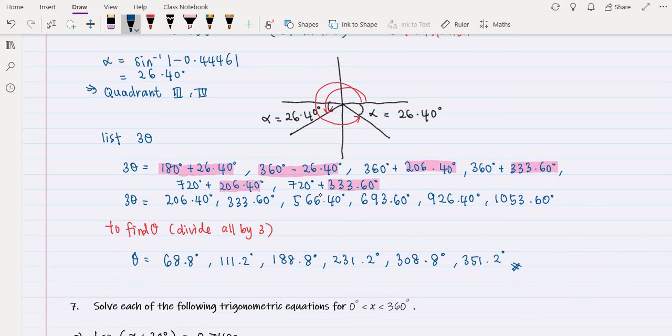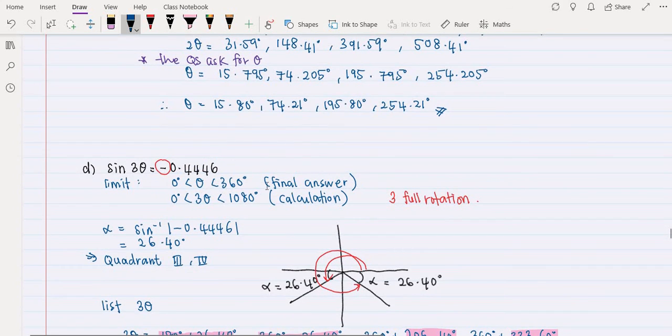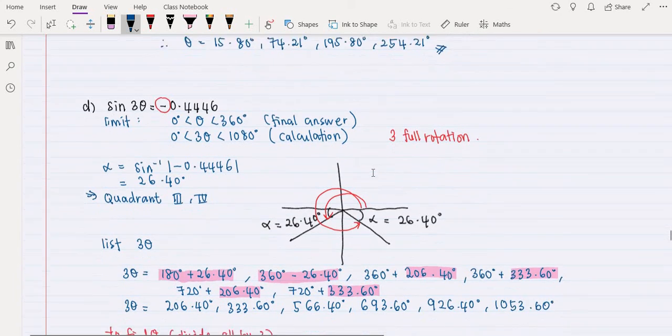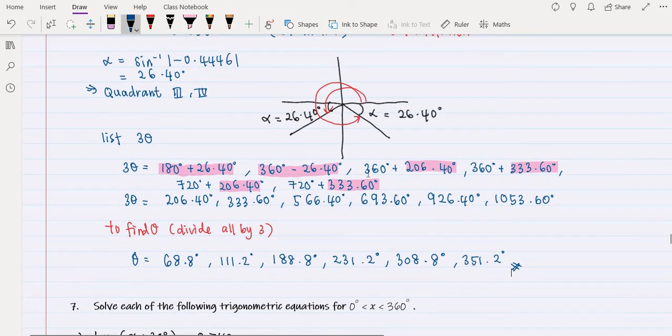All those value comes from the value for 3 theta. I just divide everything by 3, and if you check, all these values still satisfy the limit for our final answer, which is theta must be between 0 and 360 degrees. Okay? So all the best in answering the rest of the question.